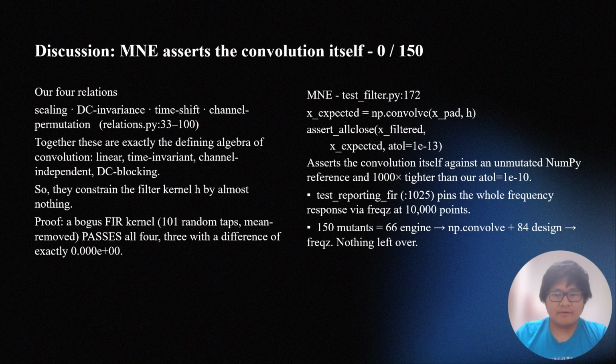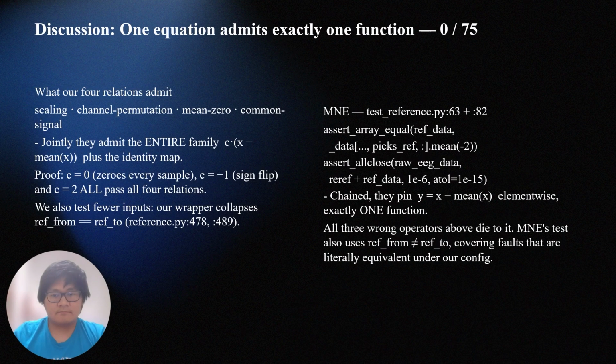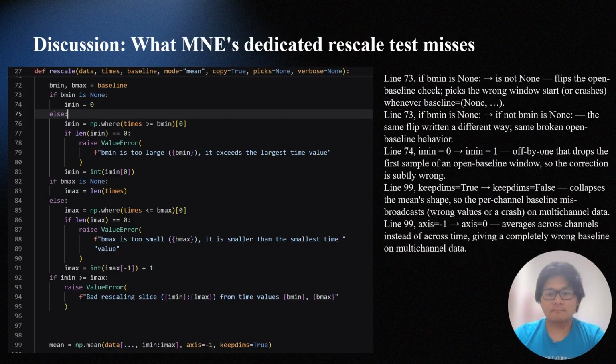As shown here, for 0 out of 150 for our filter, it's listed there. I won't really read it out. Same thing for the 0 out of 163, and the same thing for our 0 out of 75.